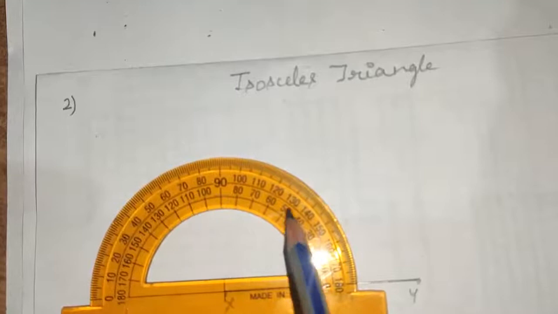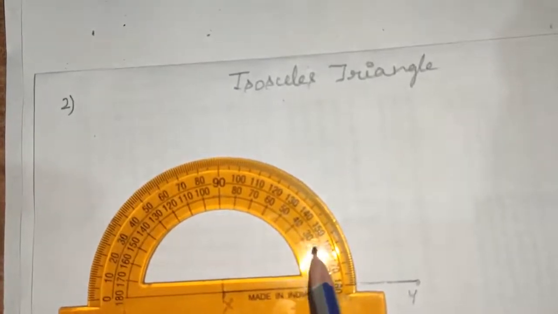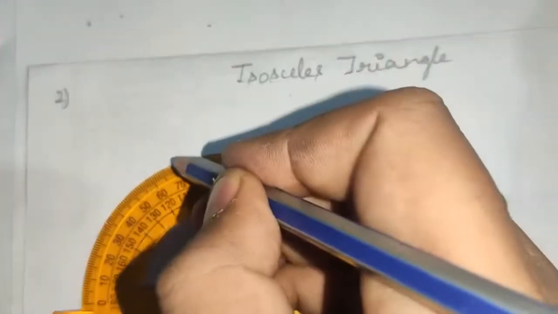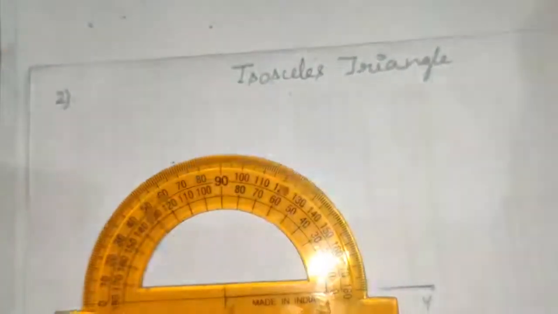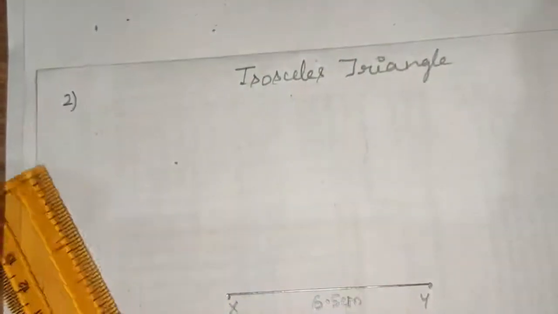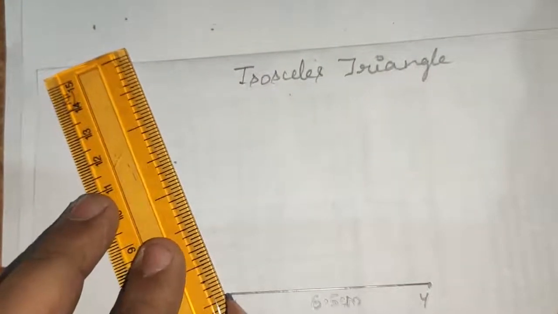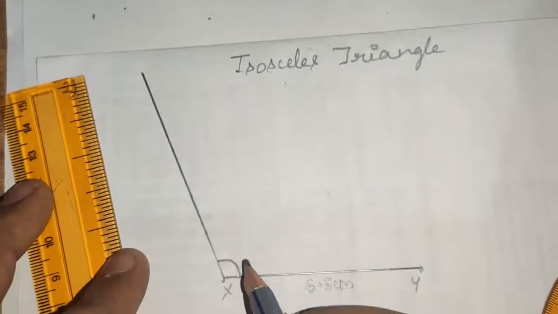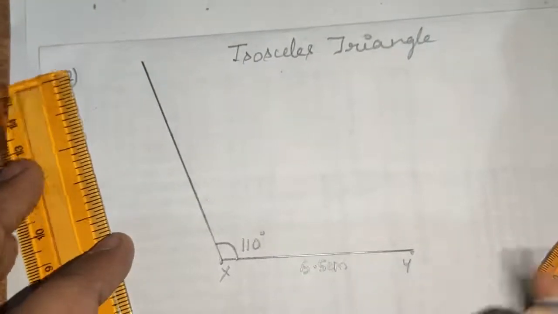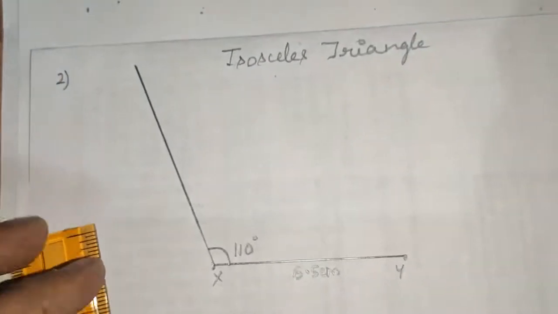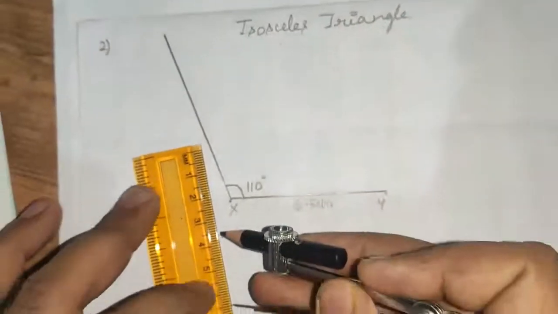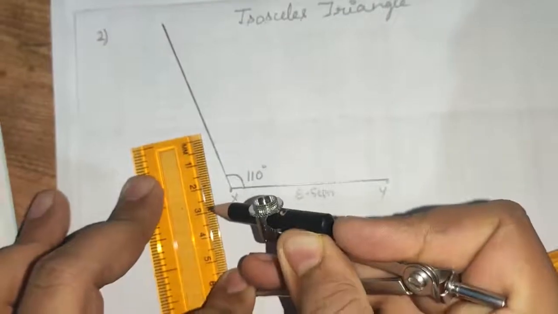So here 110 degree we will find: 0, 10, 20, 30, 40, 50. So it is 110. So we will put a point here, at this 110. And then we will join. So this angle is 110 degree using protractor. Now 6.5 we will take in your compass. 6.5.